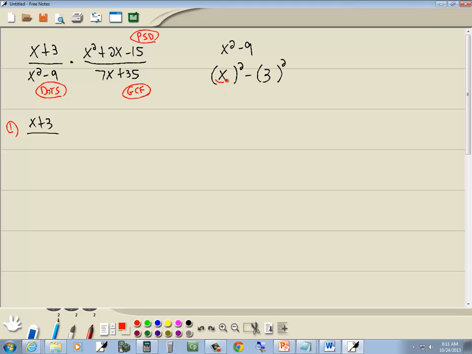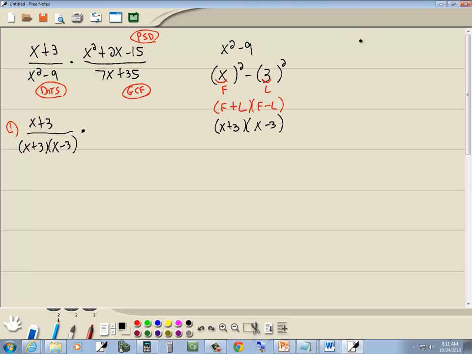Now I'm going to label what's inside the first set of parentheses as F for first, and what's inside the last set of parentheses as L for last. And this is a formula: (F + L) times (F − L). So wherever we have an F, we'll plug in x. Everywhere we have an L, we'll plug in 3. That gives us (x + 3) times (x − 3). So this becomes (x + 3)(x − 3).